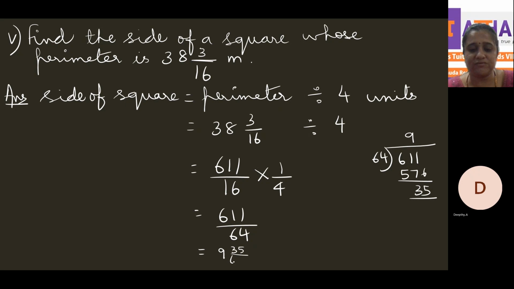935 by 64 meters. Mixed fraction. So sometimes you cannot simplify. You should leave it as it is. 935 by 64 meters. Mixed fraction, correct?